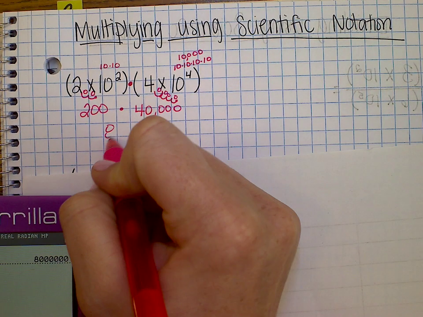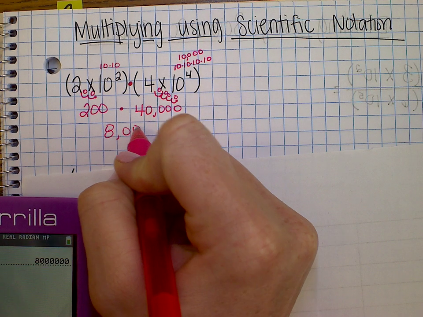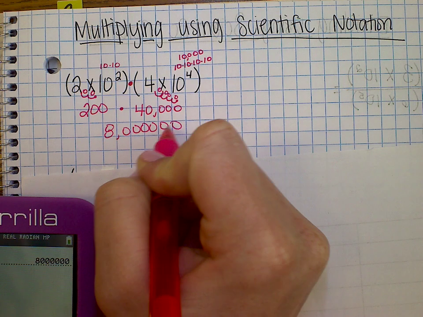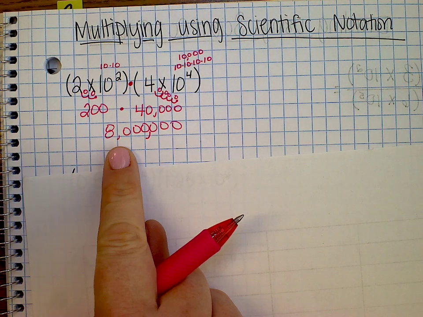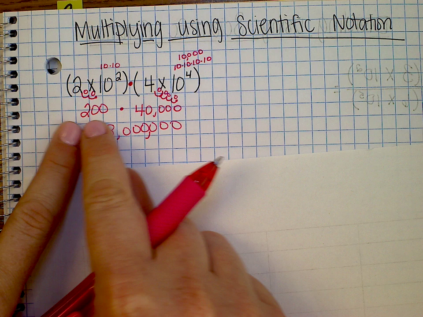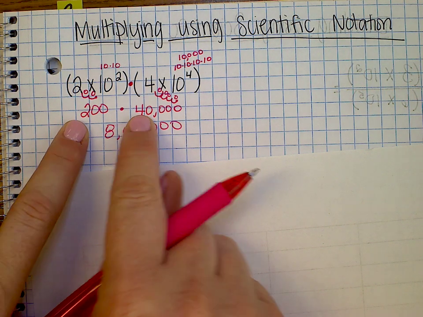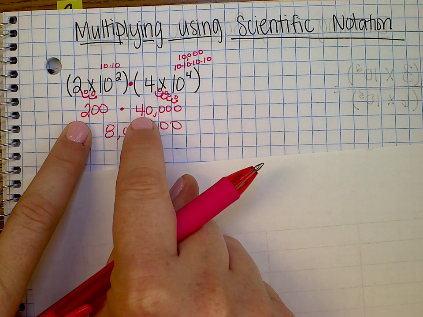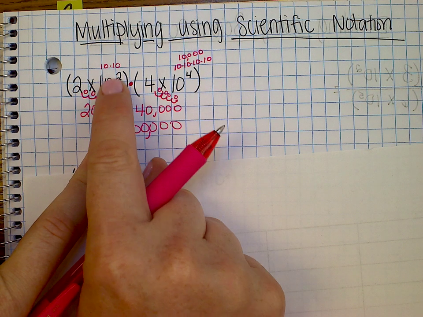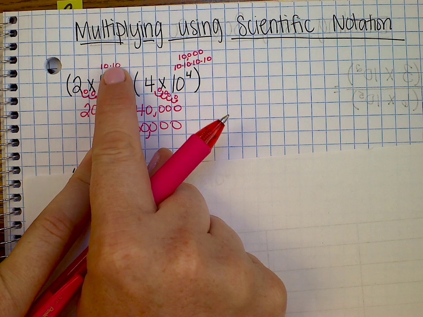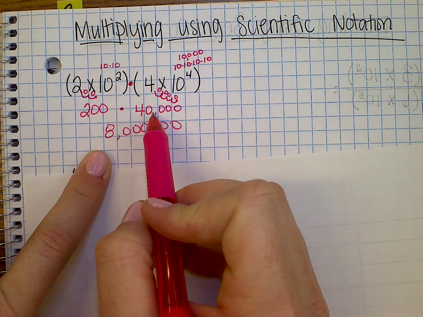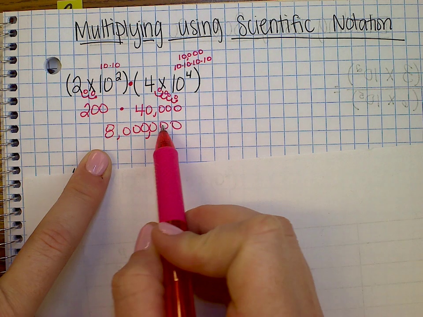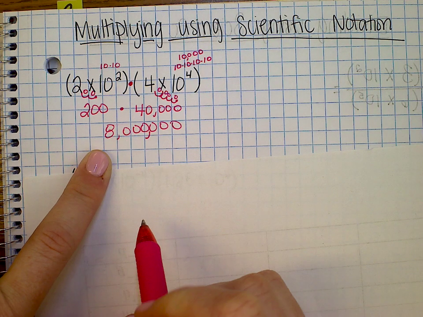So it'd be 8 with 1, 2, 3, 4, 5, 6 zeros. So it'd be 8 million. Notice, if you look at this, all we did was multiply 2 times 4. And then if you look, there were 2 tens here and 4 tens here, or 6 tens in all.